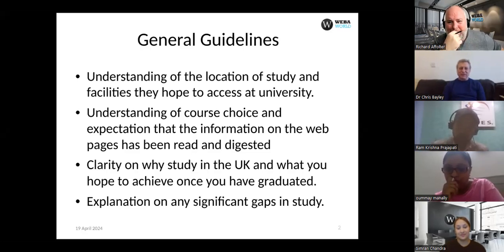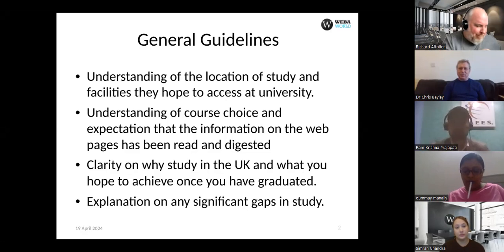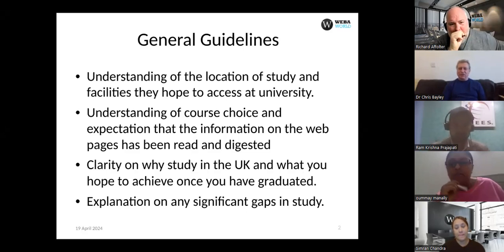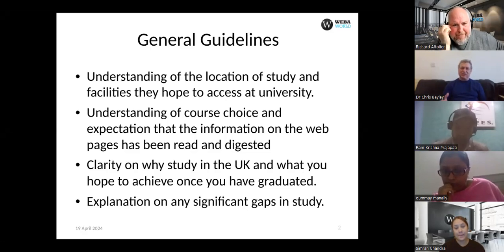So the first question that they're looking for is really understanding that the student has a good understanding of the location of where they're studying and the facilities, and what they hope to access at the university. The second is understanding of the course choice and expectation that the information on the web pages has been read and digested fully by the student.